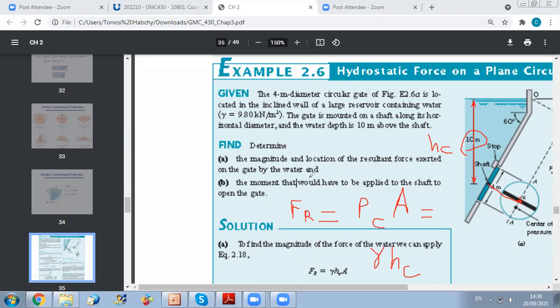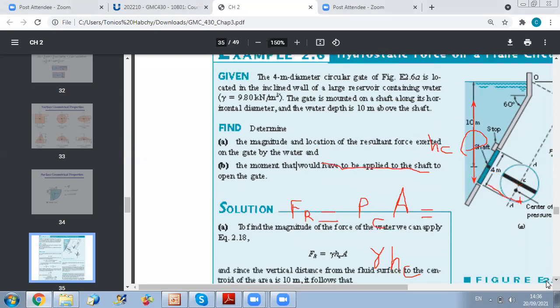Now we move to finding the location of the resultant force. In order to find it, I need to find X and Y of the center of pressure. But since you have a symmetrical surface, what will be IXY? IXY will be 0, since X and Y are axes of symmetry.